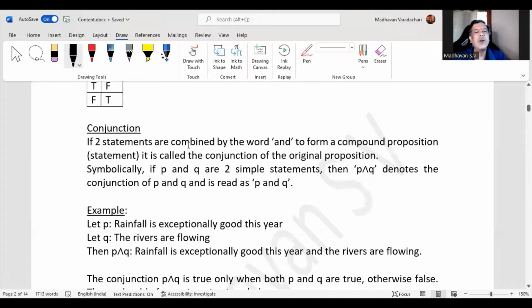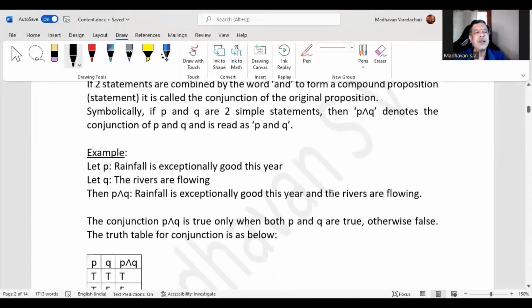If two statements are combined by the word and to form a compound proposition, it is called the conjunction of the original propositions. Symbolically, if P and Q are two simple statements, then P inverted V Q, this is the symbol which is being used for and, denotes the conjunction of P and Q and is read as P and Q. For example, let the statement P be rainfall is exceptionally good this year.